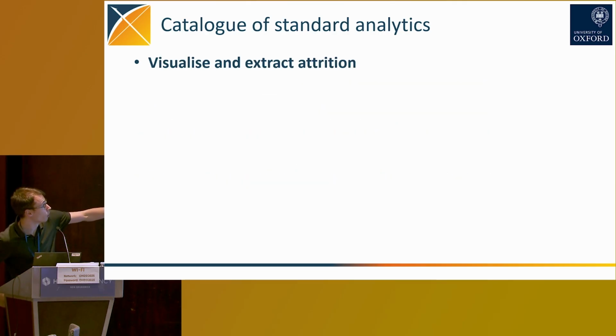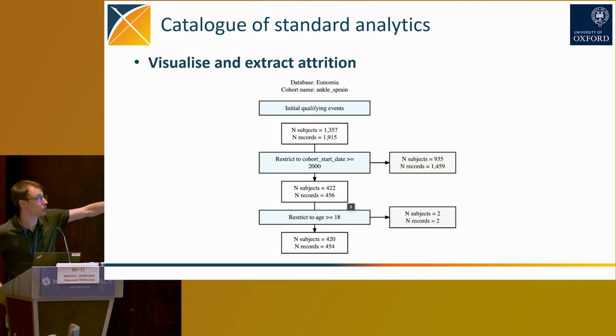So we are going to go through the different pieces. First of all, to visualize and extract the attrition, what the package produces is just a simple diagram where we can track the different decisions that we've taken along our cohort definition. This is quite important to later know the impact of our decisions.